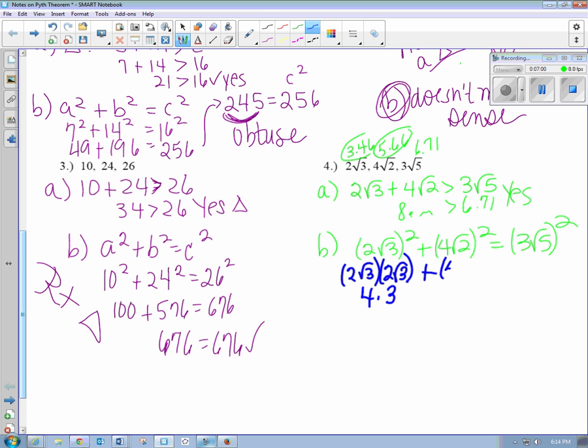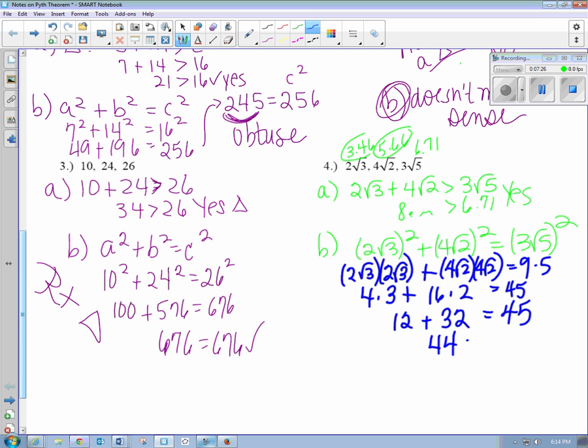I square this one. And I get 12 plus 32 equals 45. When I add those together, I get 44 equals 45, which is not true.